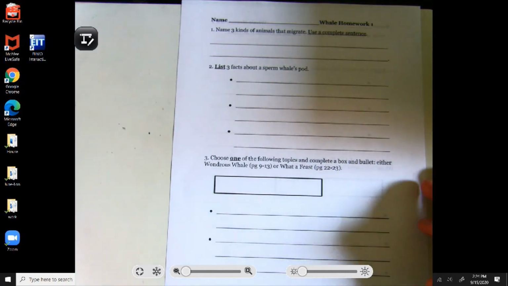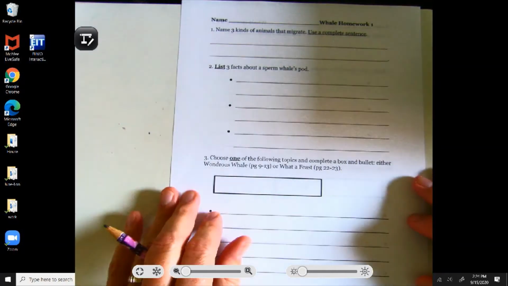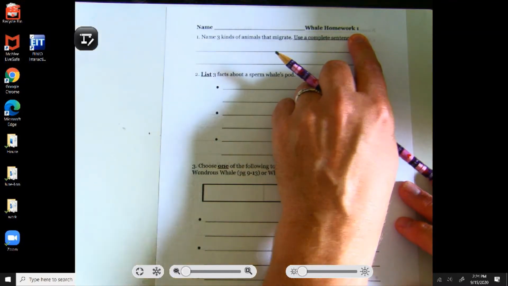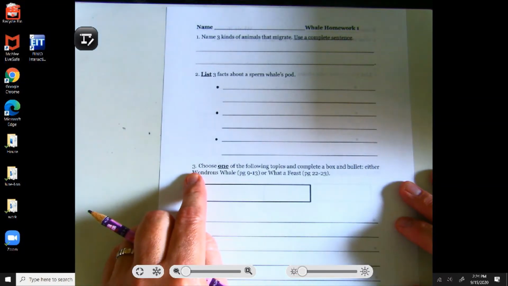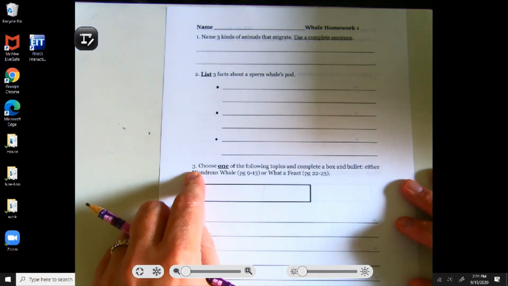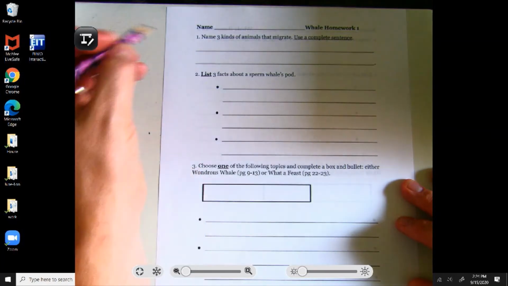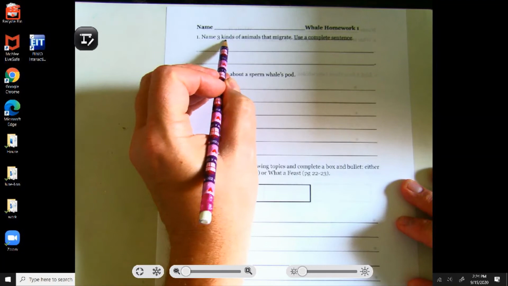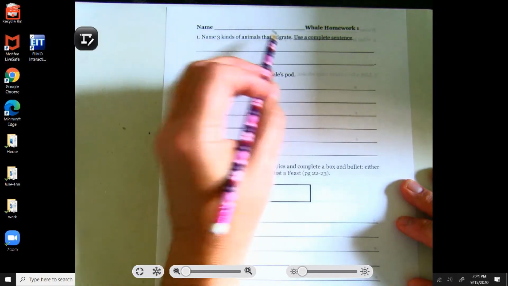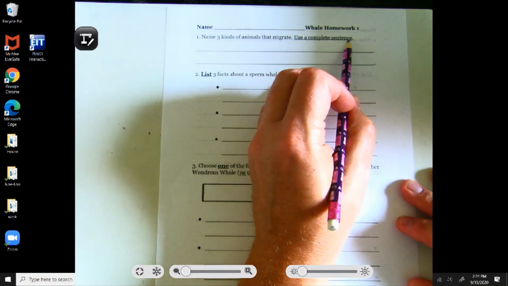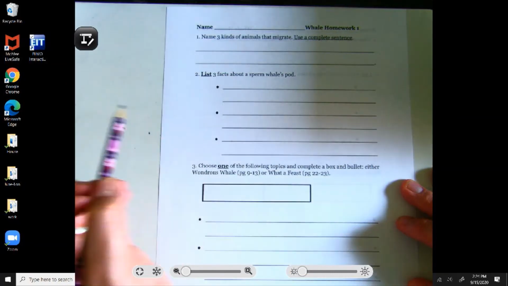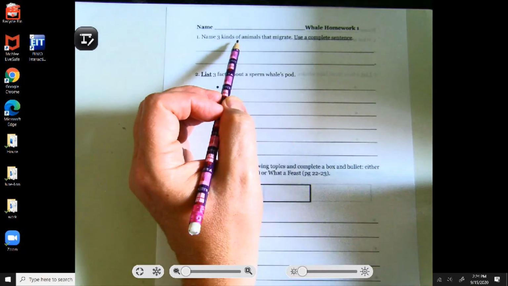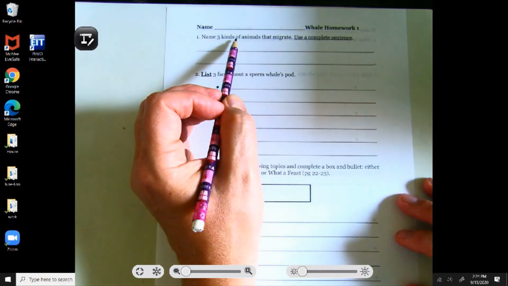All right, scholars, looking at our homework for tonight. Double check one more time to make sure you're on homework side 1 with me. We're actually going to work together on question number 3, but I'm going to give you a quick talk about 1 and 2, and then you can come back to that on your own. So number 1, name 3 kinds of animals that migrate. Use a complete sentence. So you could use 3 animals that you know migrate from the story that we read, but you might also know some other animals that migrate.